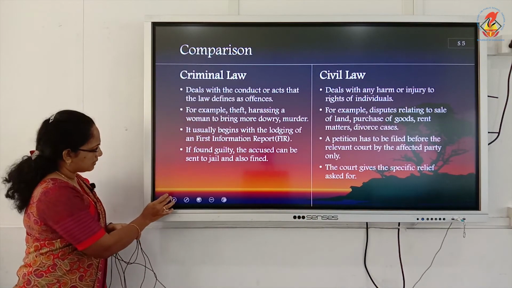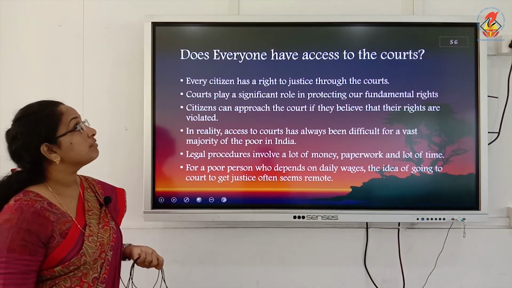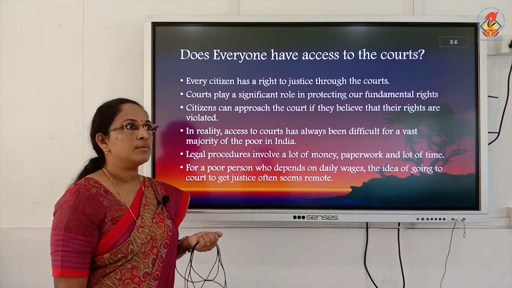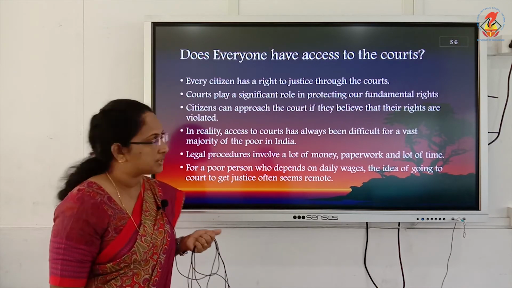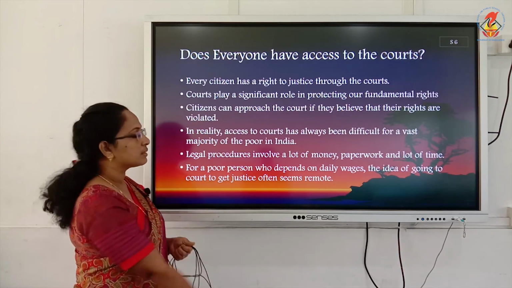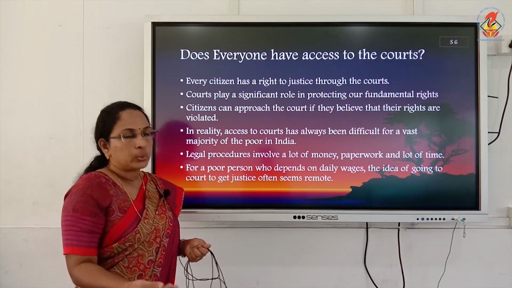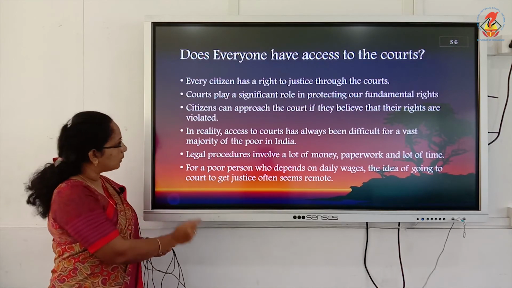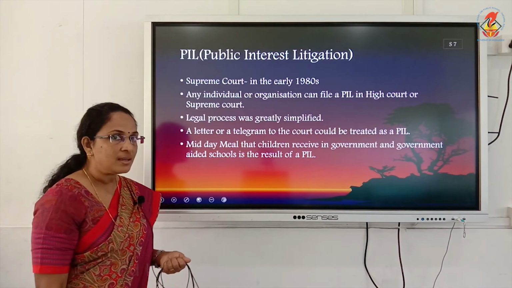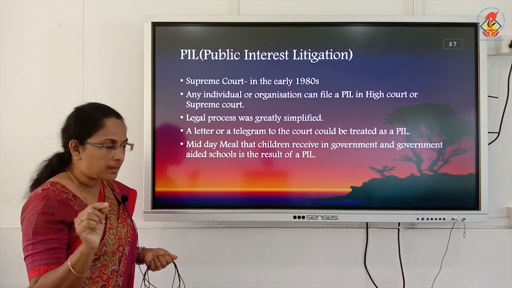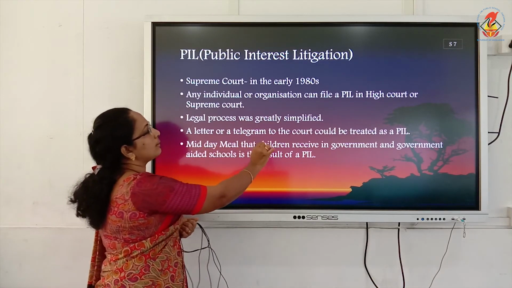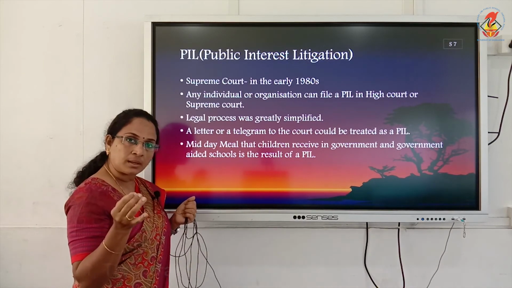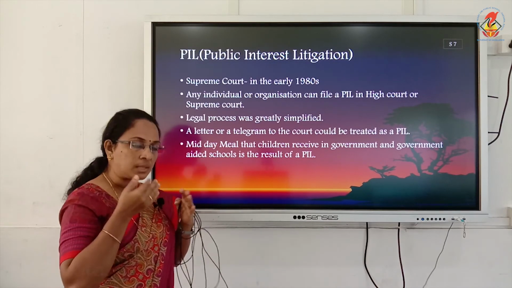Then what we discussed: does everyone have access to court? In principle, all citizens have equal access to court. But in reality, poor people find it difficult to go to the court and get justice. So the government has devised a new mechanism called PIL or Public Interest Litigation. Under PIL, legal procedures are simplified. A letter or a telegram is enough. The court will take up the issue.